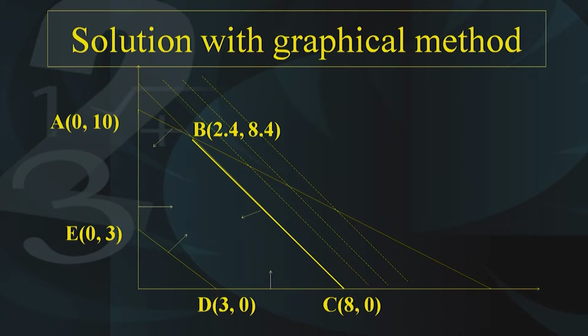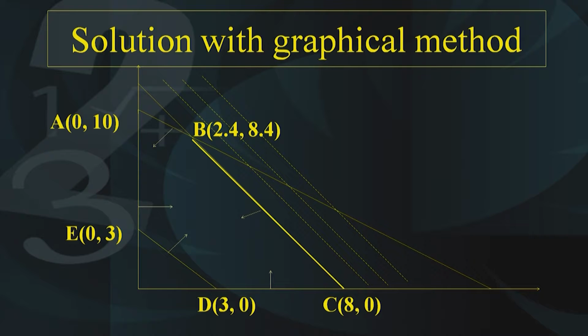That is possible because if you evaluate the objective function at the point B and at the point C, you will find they have the highest objective function value. And in fact, if you evaluate any point on the line segment joining B and C, you will find that it also has the same objective function value.